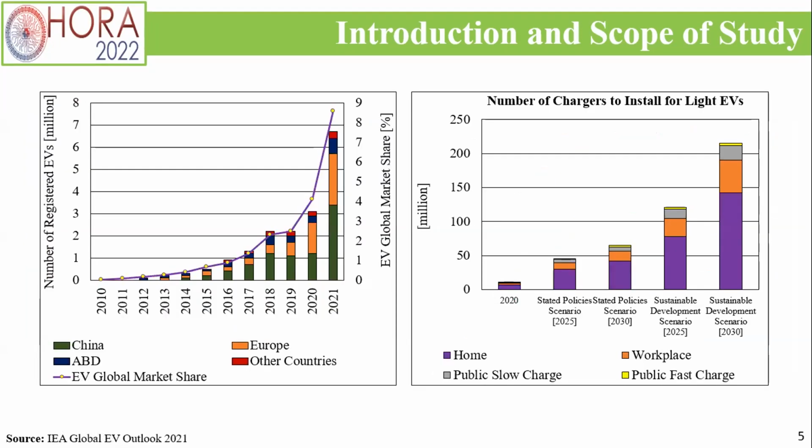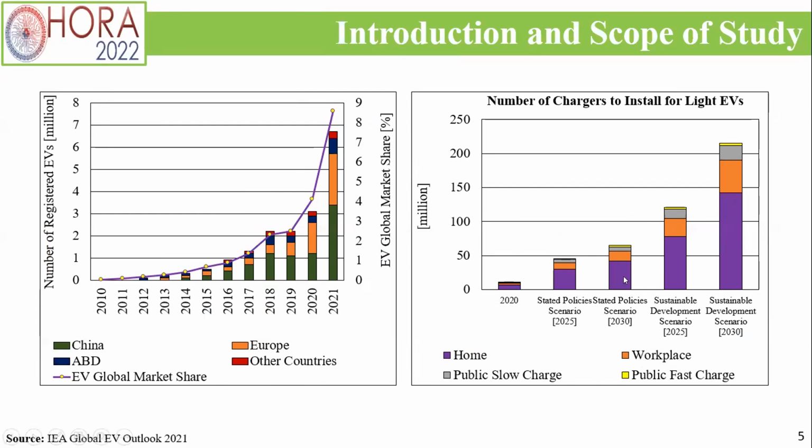When the IEA's Global EV Outlook report is examined, as of 2022, the share of EVs in the automobile market has reached 12%. As can be seen in the figure, the EV stock is increasing day by day, and China is still the leader.